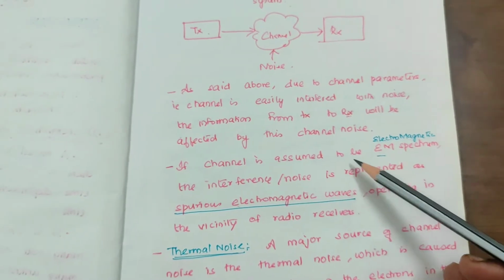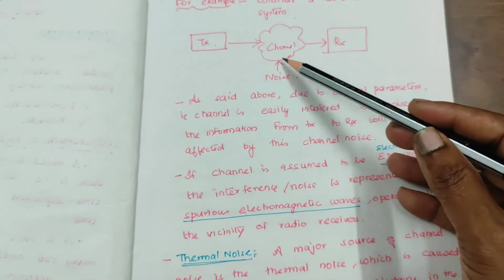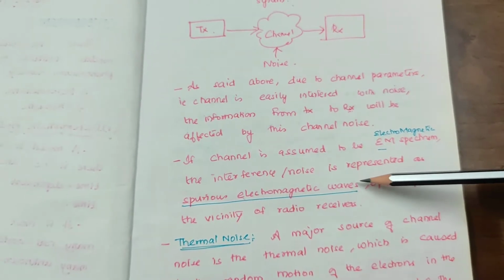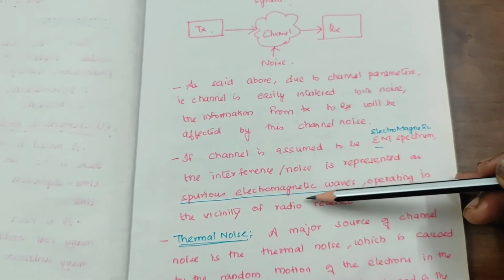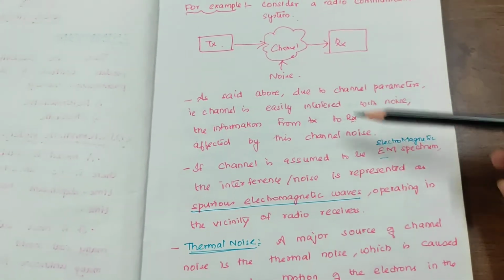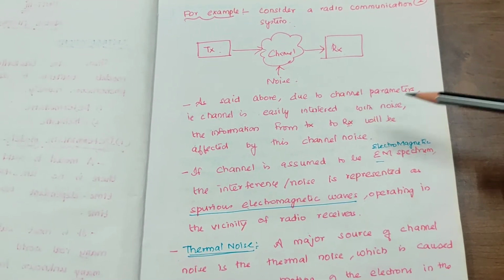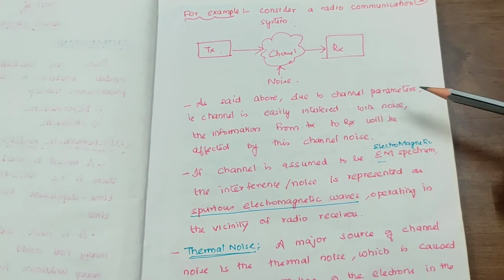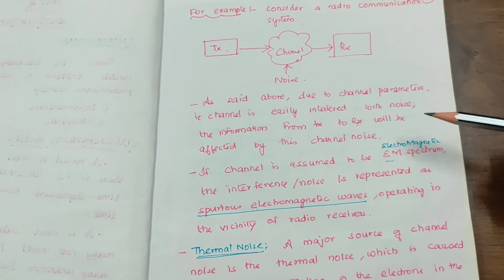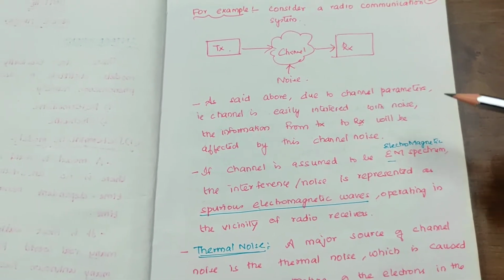If the channel is assumed to be the electromagnetic spectrum, the noise or interference is represented as spurious electromagnetic waves operating in the vicinity of the radio receiver, which are available in the receiver along with the transmitted signal. For example, when you switch on an FM radio and are unable to find the band, such as Rainbow FM or Suryan FM, whatever it is, you hear some noise.